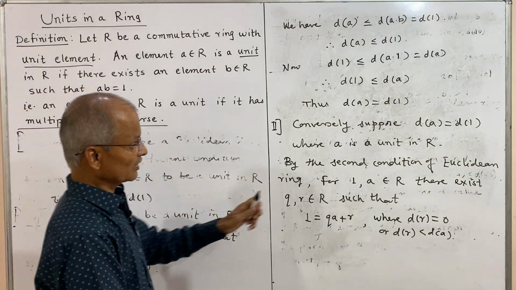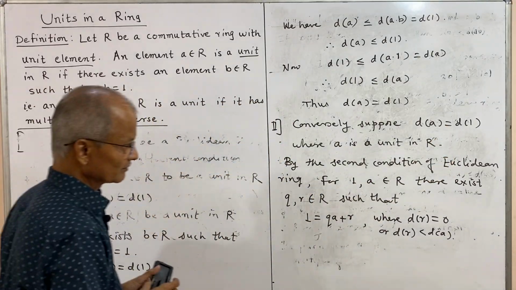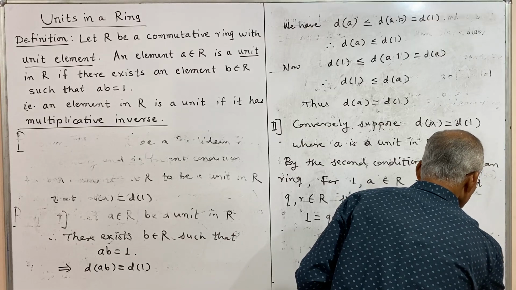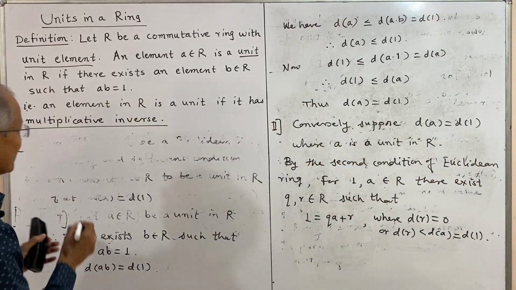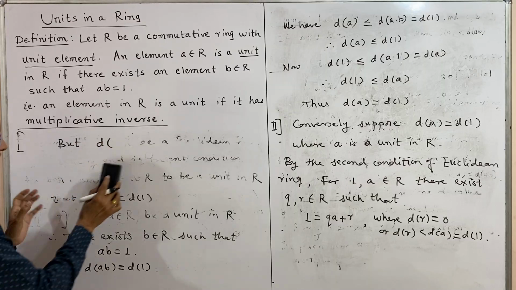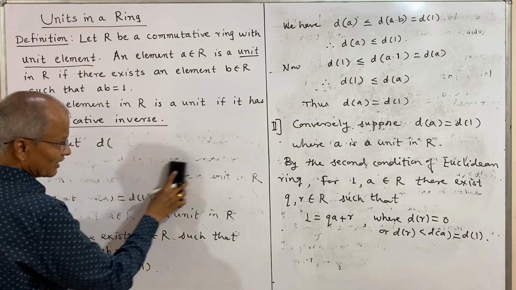See the assumption, d value of A is equal to d value of 1. But d value of R less than d value of 1 is not possible.